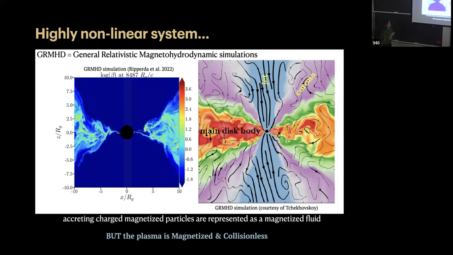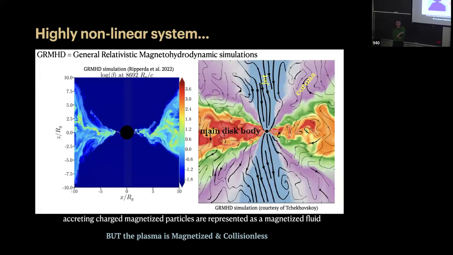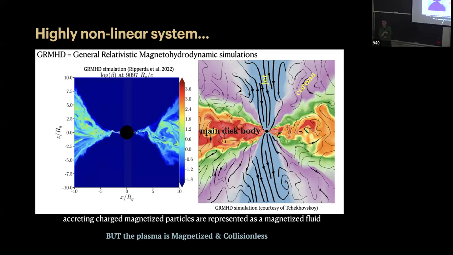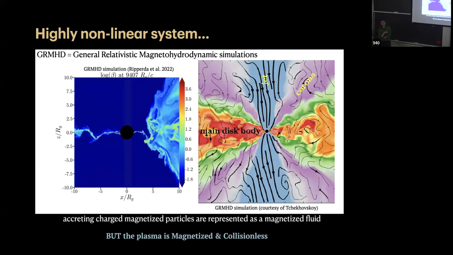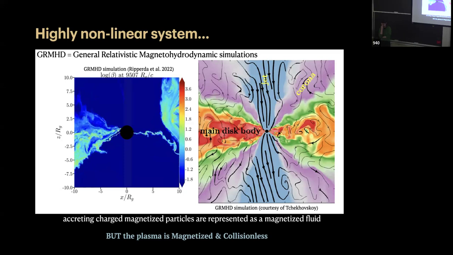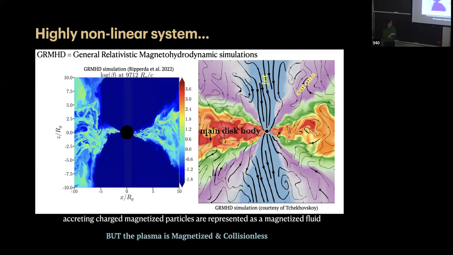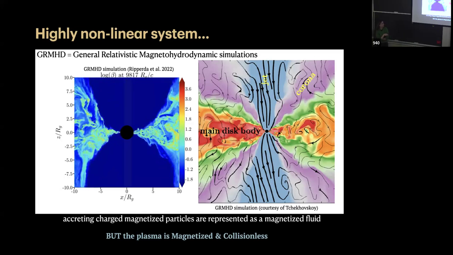No, the color is plasma beta, so it's high plasma beta here and low plasma beta here. You can see the jet clearly in this color range. So it's low beta. There is no jet that you can see here. It's the disk, the high beta disk. Oh, this is a disk. Yeah, it's actually going in, not out, because it gives the impression that it goes out.